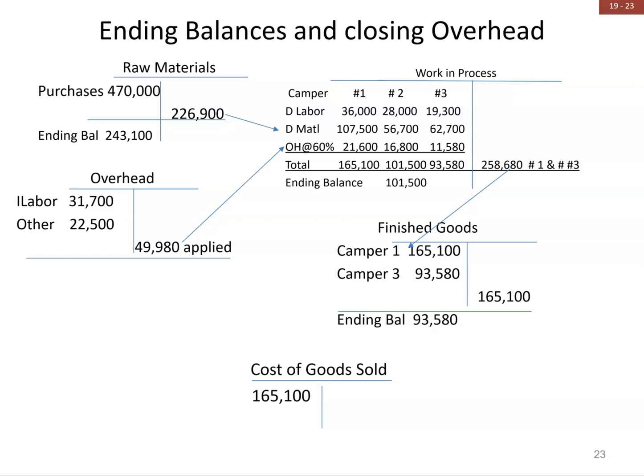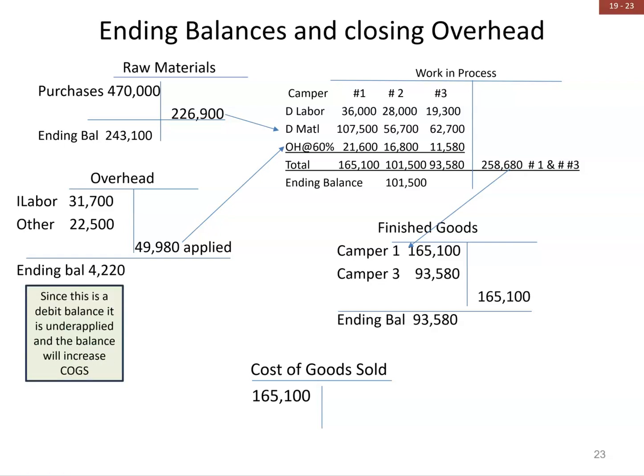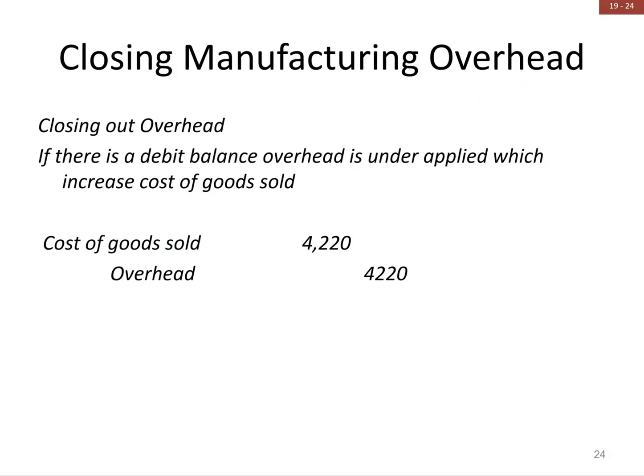But wait, we have to now check to see, have we under or over applied our overhead? And in this case, we have a balance of $4,200. And that means we are under applied, and we're going to have to increase cost of goods sold. Here's our journal entry.